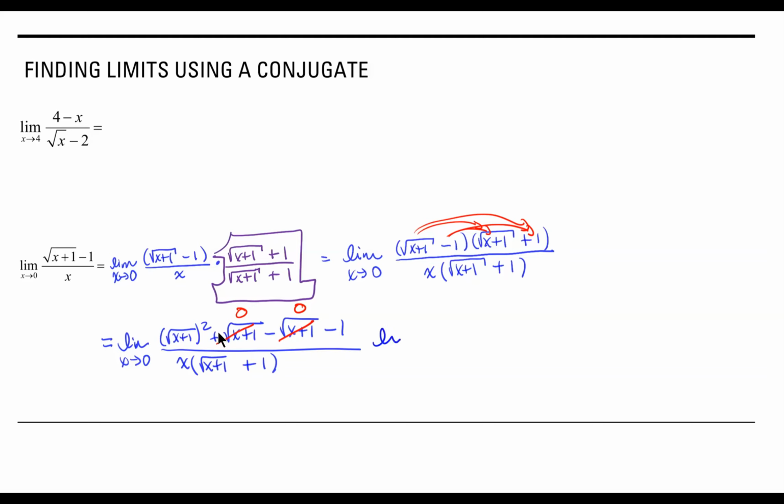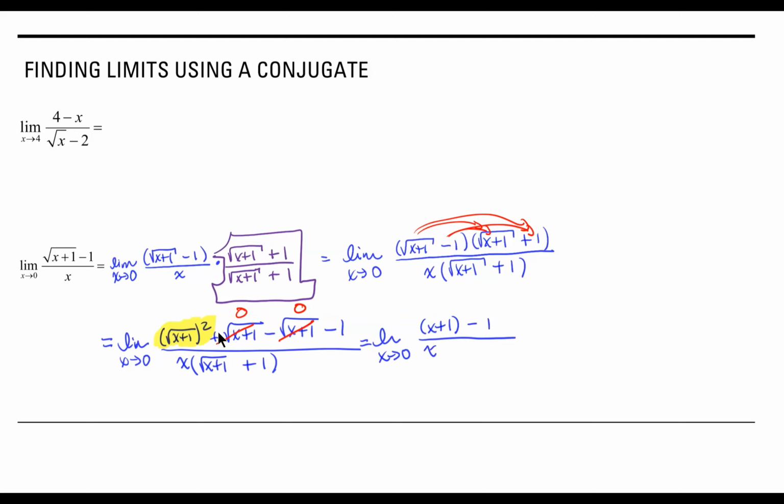So now my limit as x approaches 0 is, also notice that here we have the square root of x plus 1 and then we're squaring it. So this will just become x plus 1. When I square the square root of something, I get that quantity that was under the square root, and then I have a minus 1.